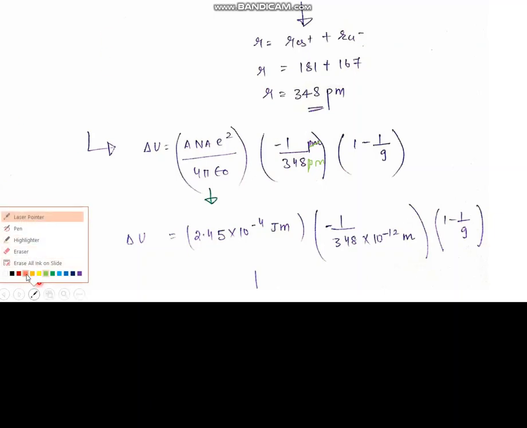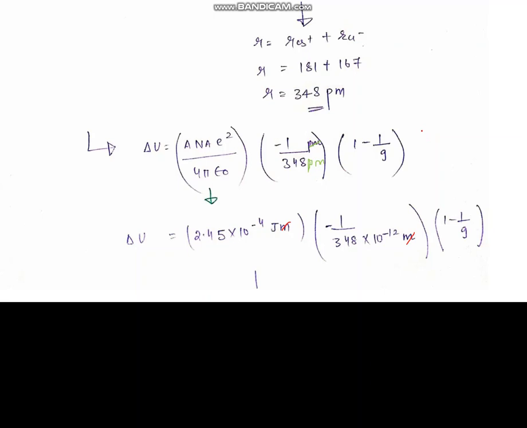So we have to convert the units, and this is done by this method. The meter from here and the meter from here get cancelled, so you are left with joules. We have to make the units kilojoules per mole, so first we make it joules per mole.